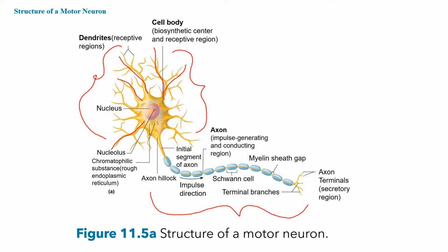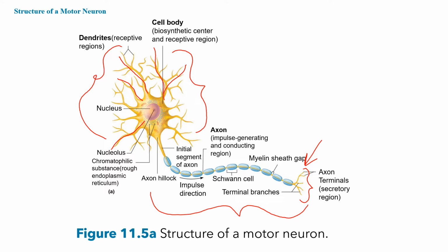But there are lots of structures on here. There's something called myelin. We have these Schwann cells. We're not going to worry too much about that for this specific class. But what you need to know, the last major structure, is going to be this axon terminal, which is where the axon is now going to interact with some other type of structure.